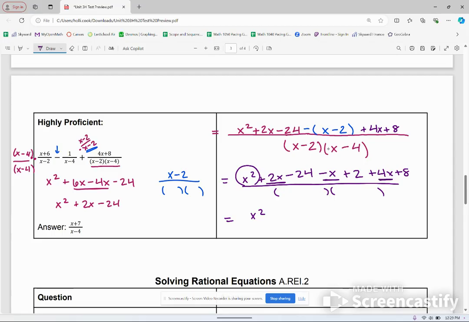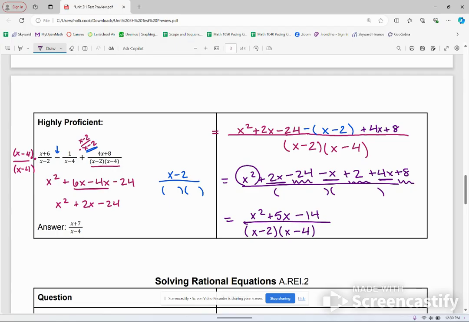That's going to be 5x. Then minus 24 plus 2 plus 8: negative 24 plus 2 is negative 22, plus 8 is negative 14. All over our x minus 2, x minus 4.